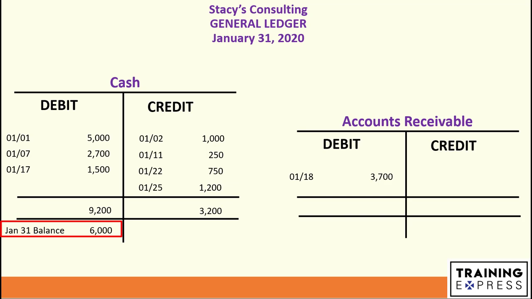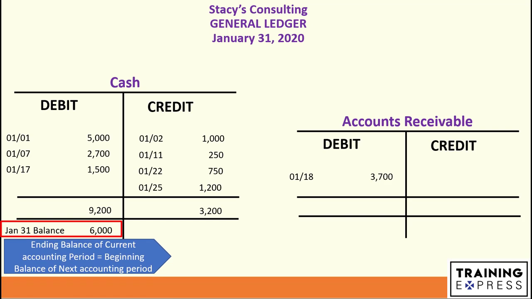Now remember, this balance of $6,000 is on January 31, which is basically the end of the January accounting period. But we have to remember that the ending balance of the current accounting period is equal to the beginning balance of the next accounting period, which means that the ending balance of January 31 will be the same as the beginning balance of February 1.